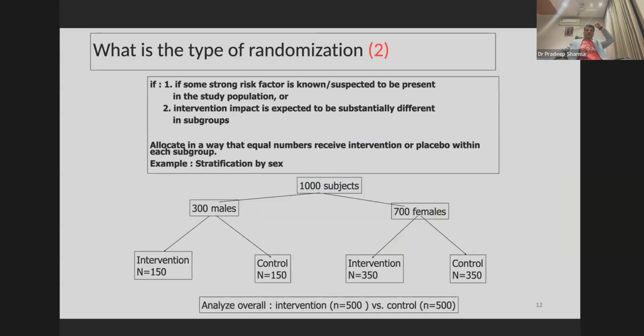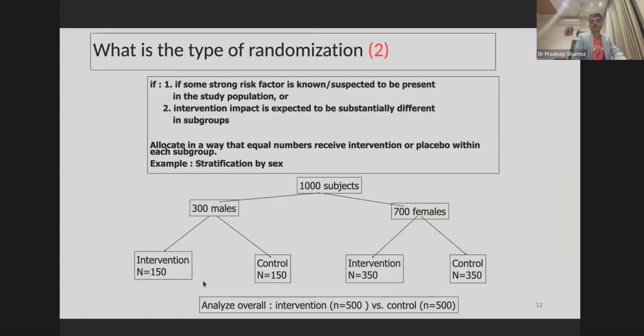What is the type of randomization here? We have randomized based on the gender.